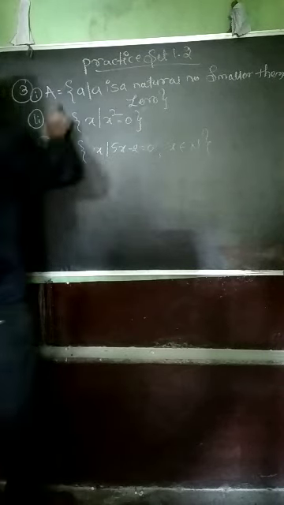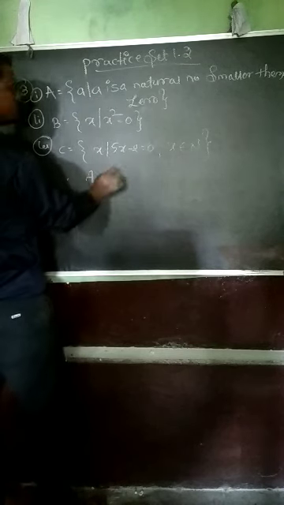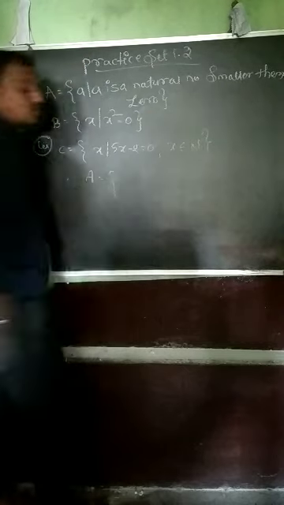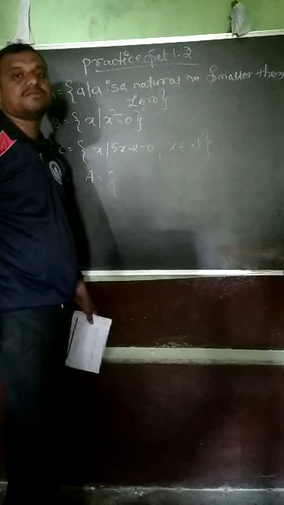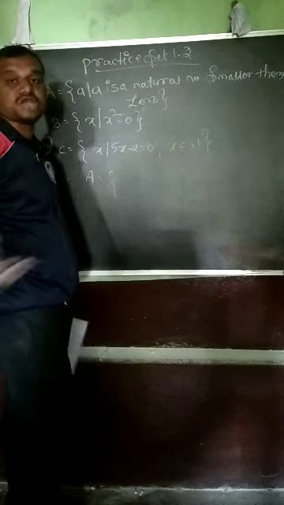So see here, A is a natural number smaller than 0. Smaller than 0, there is no natural number, right? Natural numbers are counting numbers, right? So natural numbers start from 1.